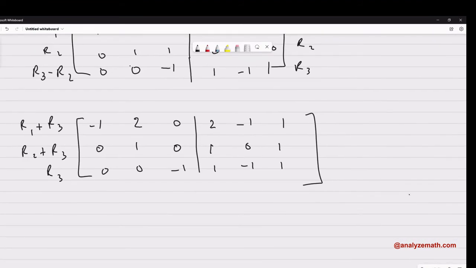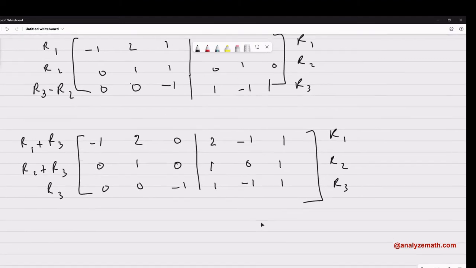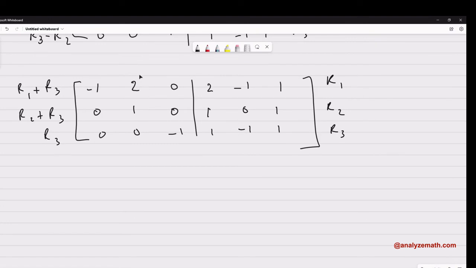Good. Again we change the notation. The last thing we need is 0 here. The -1 is not a big problem. We need a 0 here. How do we do this? We need a minus 2, which comes from -2 R2. So we put R1 minus 2 R2.